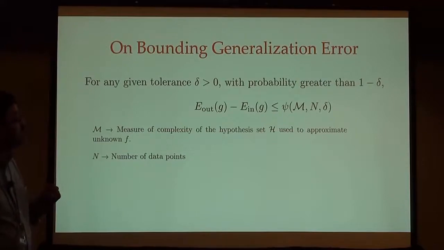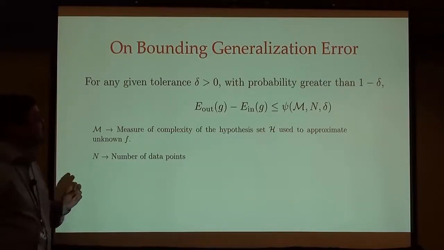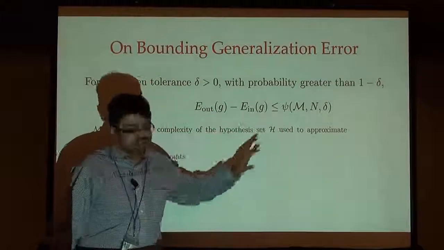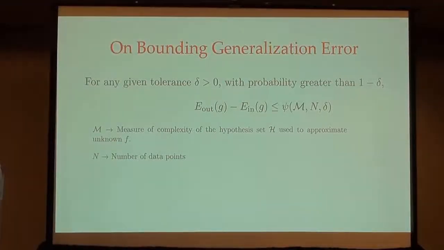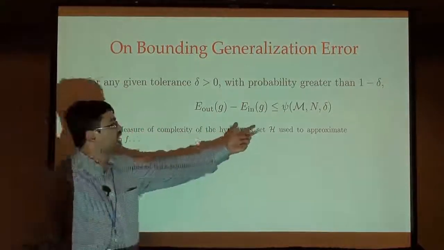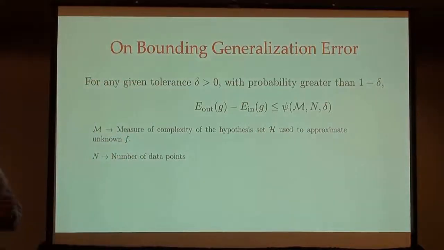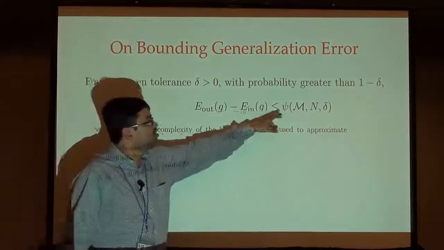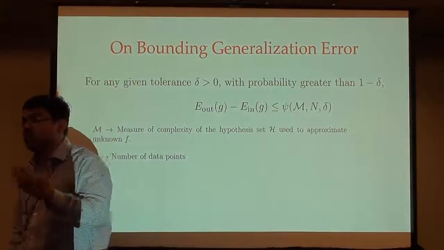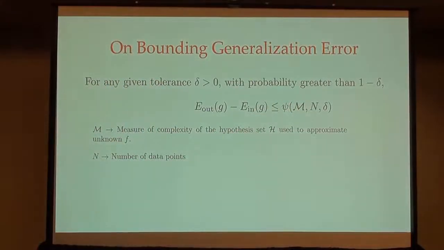Okay, so what I should say is that there are certain classes of functions, for example linear functions, where people have actually derived exact formulas for these things and they are quite good. And for linear functions this term will basically become d plus 1, where d is the dimension of your data set x.